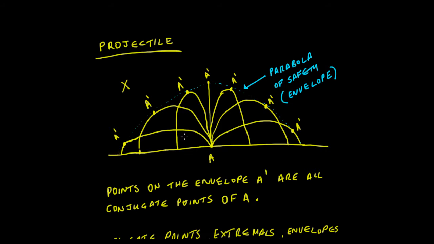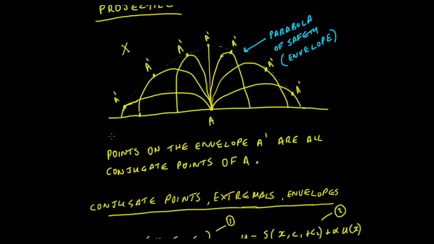Now it turns out, and what we'll see down below as well, is that if this is a point A, and we take the tangents to these extremals, and if we take the point where the extremals meet this envelope, then that point will be a conjugate point to A. And of course there's another conjugate point to A up here, and another conjugate point, and there's an infinite number of conjugate points all the way around this envelope.